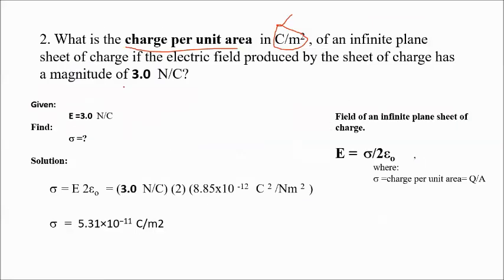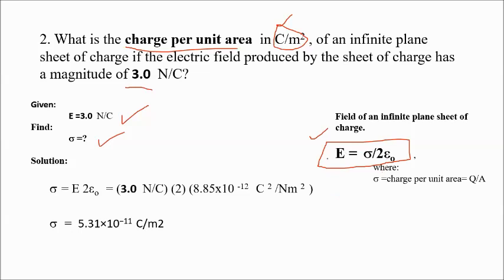It has a magnitude of 3 NC, electric field. So, sulat ninyo yung value ng electric field. Sigma is unknown, no? And then, we knew na our conductor is infinite plane sheet of charge. So, ito yung formula doon sa 4.